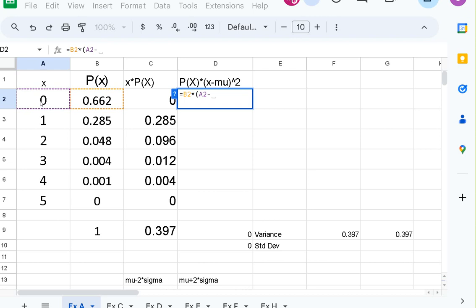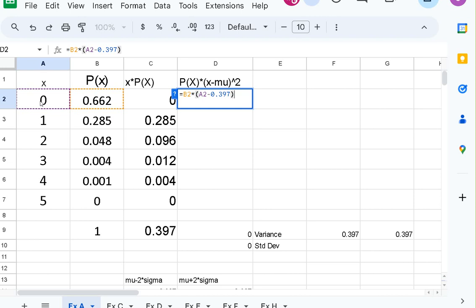Now, unless you want to get really technical about how spreadsheets work, do yourself a favor. Literally just type in the number 0.397. In fact, you don't even need to type in the 0 if you don't want. You just type in .397.